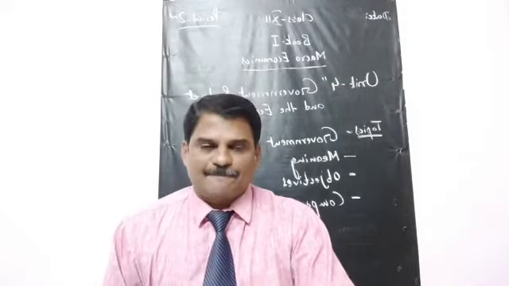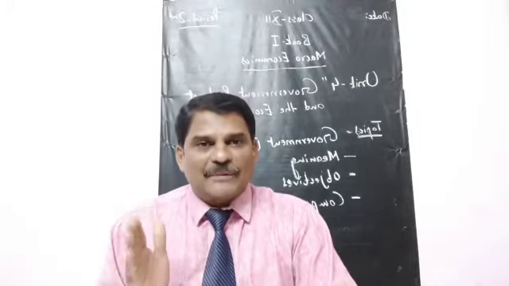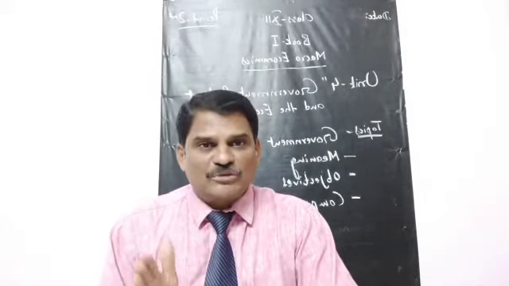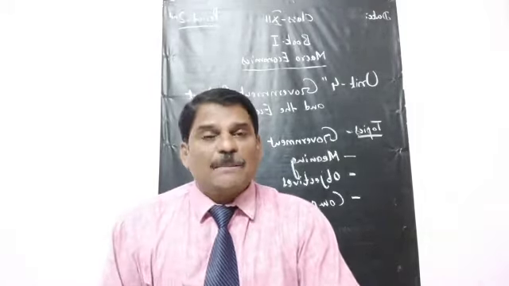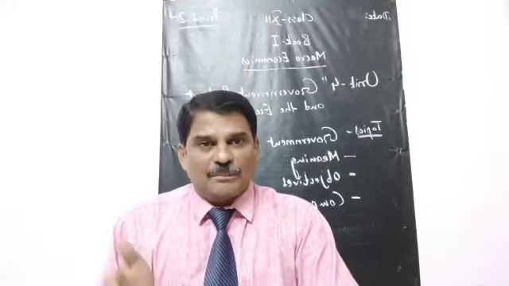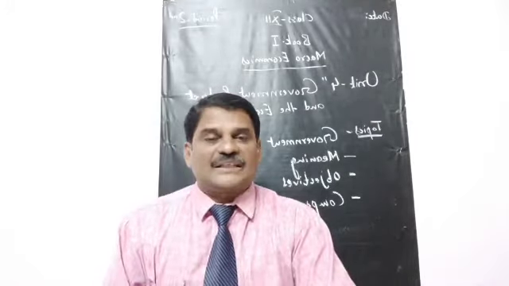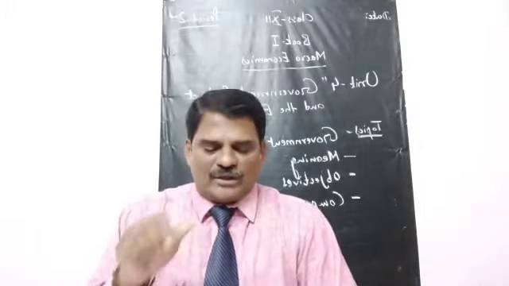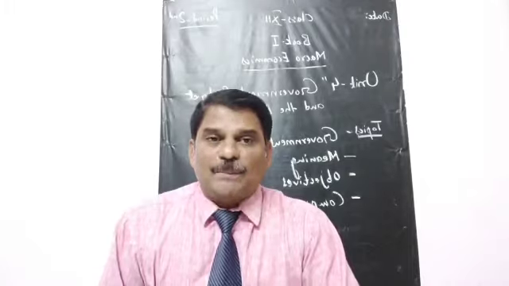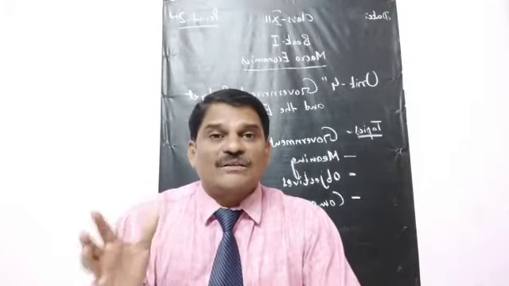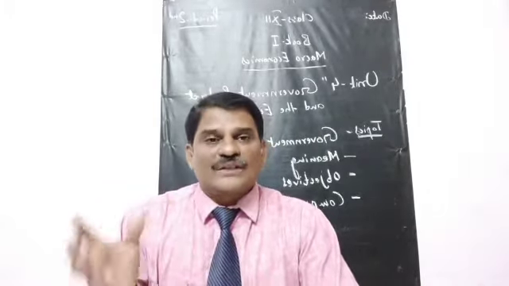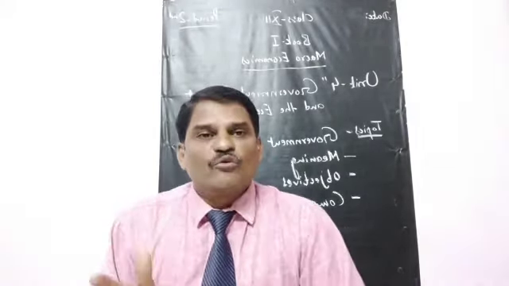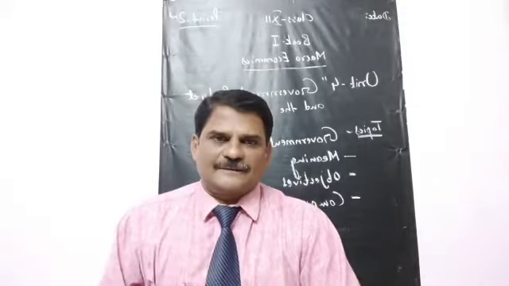I repeat once again. What is the main objective of budget? The main purpose, the main objective of budget is to obtain approval, to get approval of the legislature, of the parliament, for the tax proposals and the allocation of resources to various economic activities in the country.